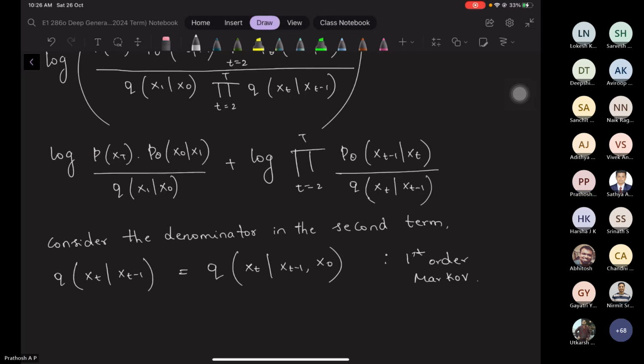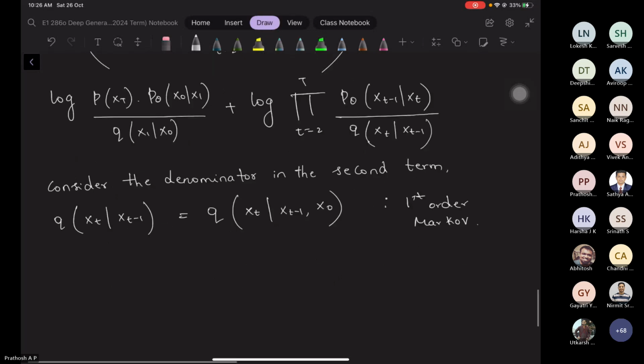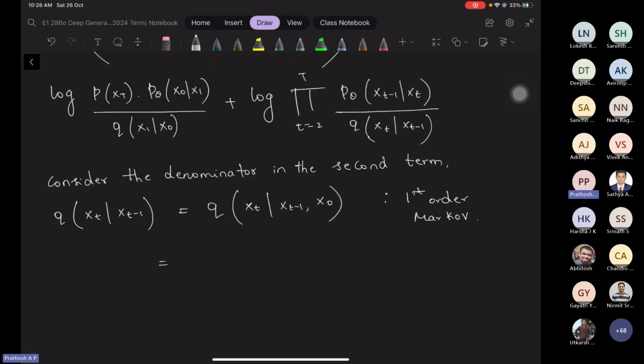Now what we will do is we will use Bayes' law and write this as q of xt minus 1 given xt and x naught, times q of xt given x naught, divided by q of xt minus 1 given x naught.